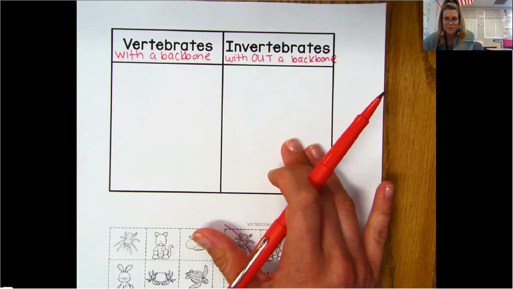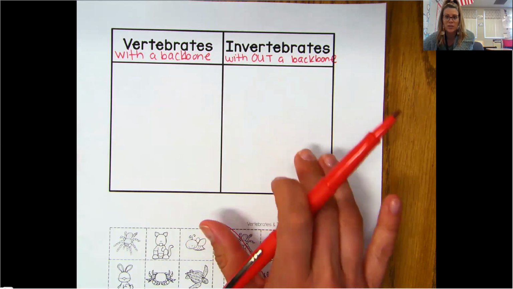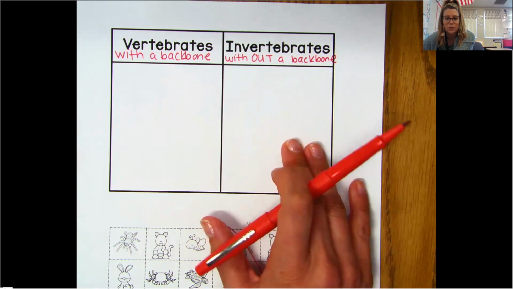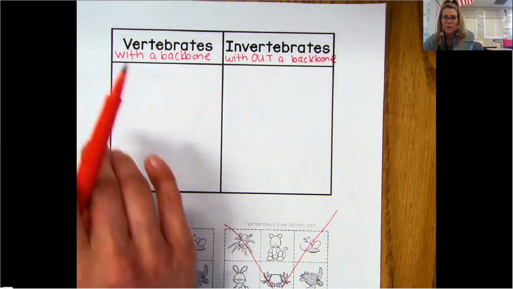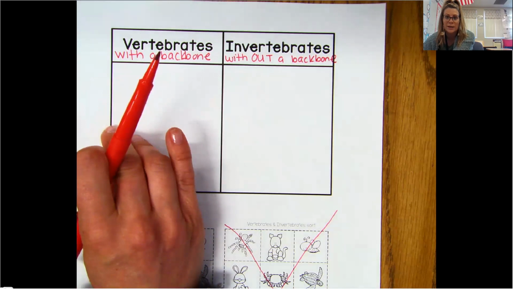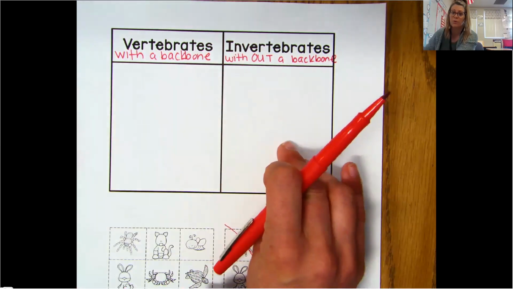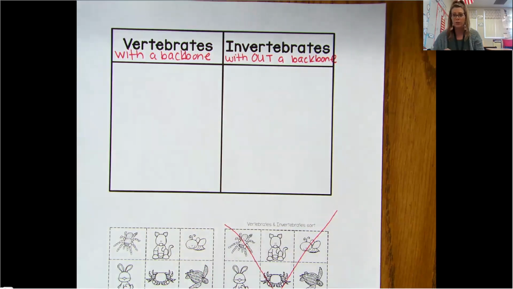Don't glue them yet, because when you think you're all done, you will log back on, watch the video to review which animals belong in the vertebrate category and which ones belong in the invertebrate, okay? So if you want to color them first and then cut them and put them on, it is totally up to you. But I will see you back here in a few minutes to check your work.